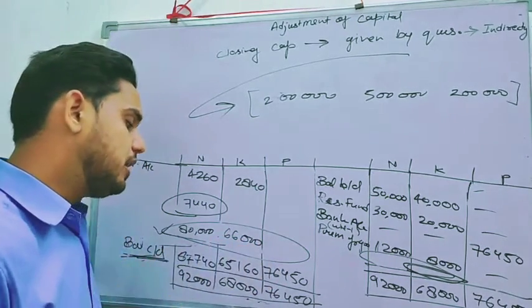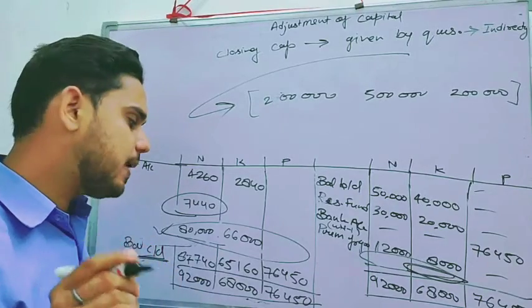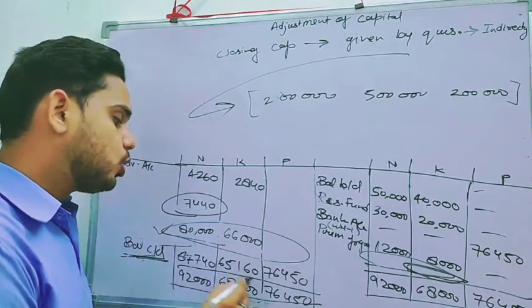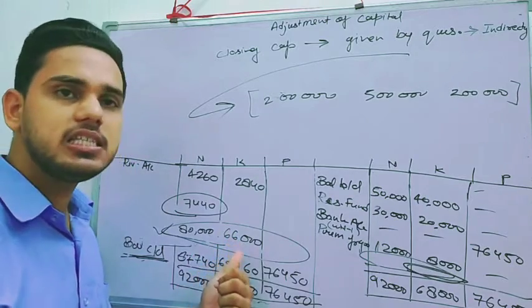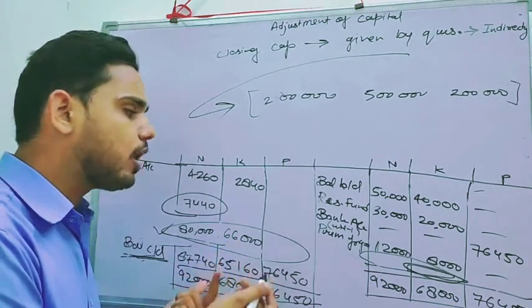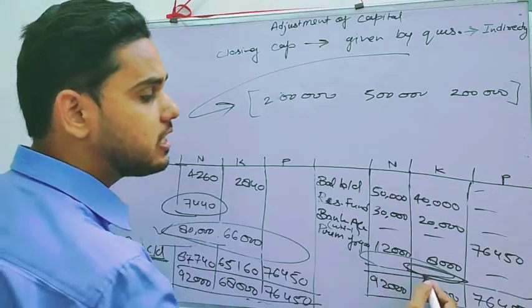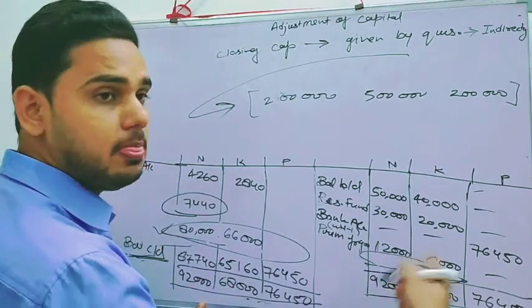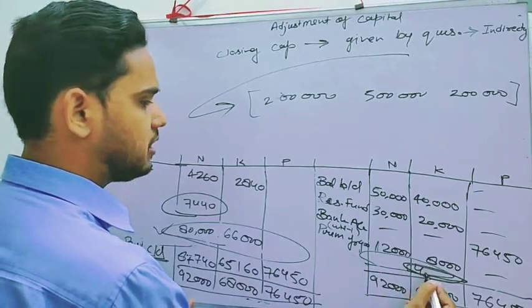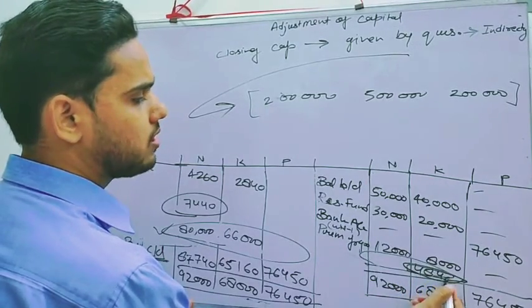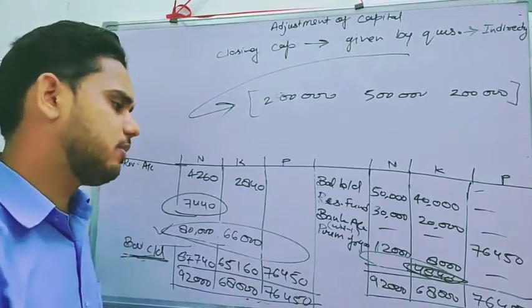We know that the closing capital as a balancing figure should be 65160, but we are writing 66,000, which means we are writing more amount. So in that case you will find a difference on this side, and the difference will be, I guess, 4840 approx.